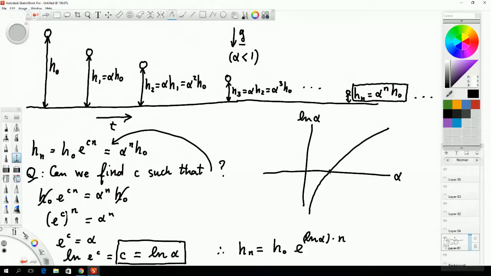Where is it that it crosses 0? At 1. So if alpha is less than 1, then the natural log is negative. Well, but we were told right here at the beginning, or rather we reasoned by physics, that alpha is less than 1. Therefore, this natural log is actually a negative number. So we have e to the something negative times n, which is an exponentially decreasing function, which is what we expect, right? Because we expect the height after the nth bounce to get smaller and smaller. Okay, so this is part A.